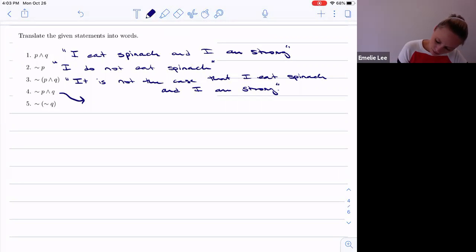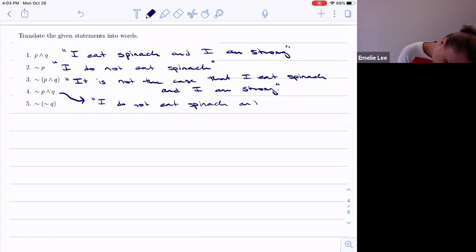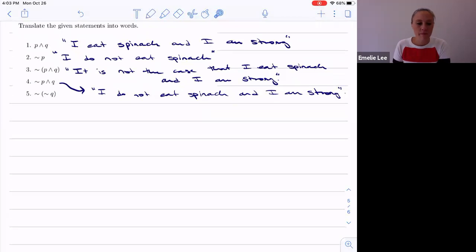If I negate P, that's I do not eat spinach and I am strong, right? And Q, so I do not eat spinach and I am strong. Here we see a double negative, right?